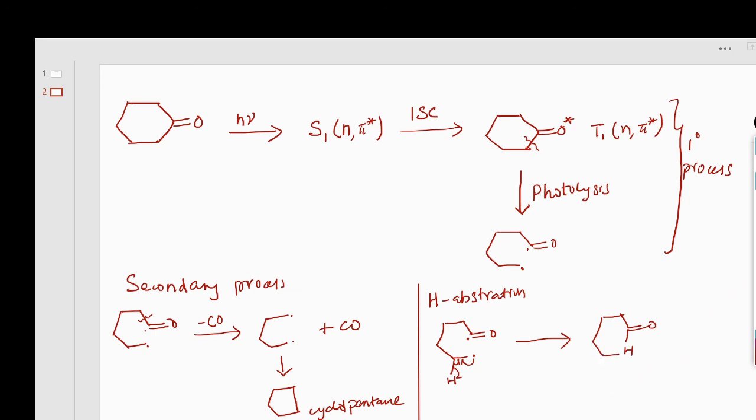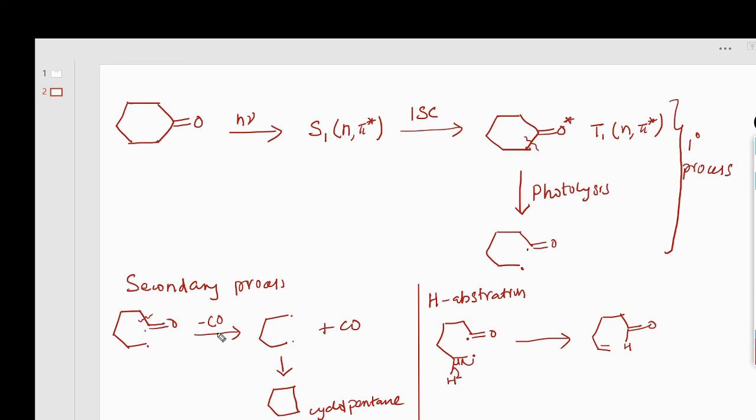Just a minute, I'll write it better. This hydrogen is attached here, and you get a double bond here. Okay, so two products are possible. With the cyclohexanone you get this diradical. Then this diradical can undergo two types of reaction.